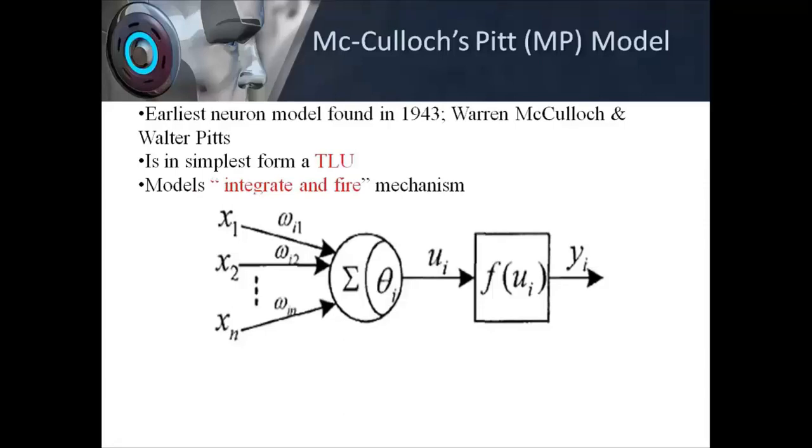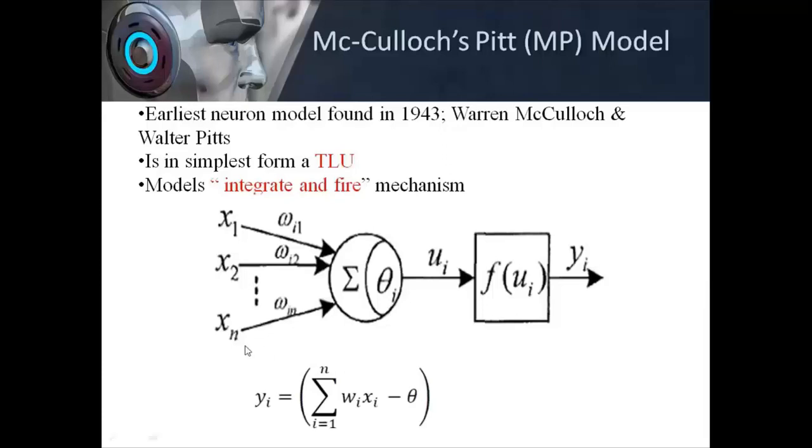This was the earliest model, as I told you. In its simplest form, it mimics the fire-and-integrate mechanism of the biological neuron. It is implemented as a TLU, that is, a threshold logic unit. You have a threshold unit, and if the input is above a logic value, it fires the neuron and gives some fixed output, which is binary in nature.